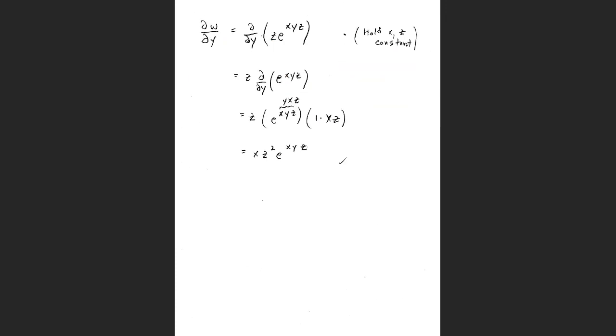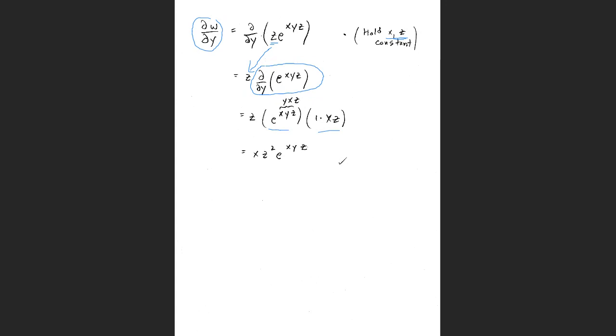Now we're doing the partial derivative of this w function with respect to y. So now you're going to hold x and z constant. This means the z can be brought out in front of the derivative. I'm going to use the chain rule to take the partial derivative of e to the power xyz with respect to y.